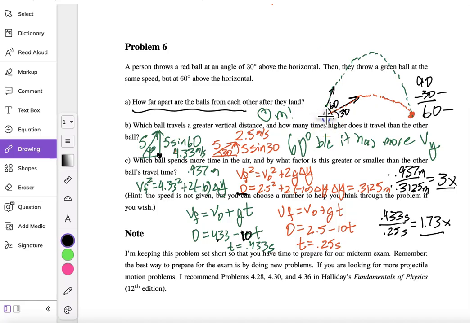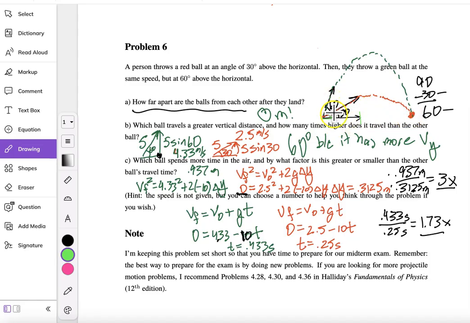For the ball at the 30-degree angle, we have a velocity in the x direction that's that big, and for the ball at 60, that one is only going to be that big. Remember, the bigger the arrow, the faster it's going, and the further it will go, unless they're at different angles. Because the one with the really big x value is not in the air for very long, and this one is in the air for a much longer time, it doesn't have to go as fast to cover that same distance.